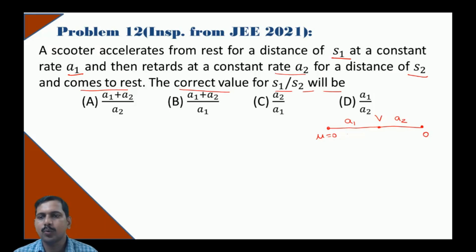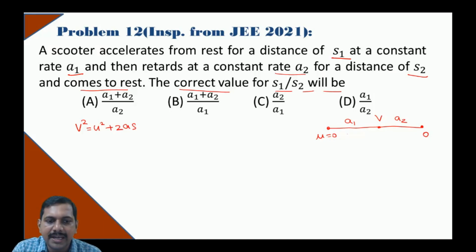Now in this, what would be the distance traveled? We are going to use the equation which has only velocities, acceleration and displacement. And in this, let us isolate our distance.